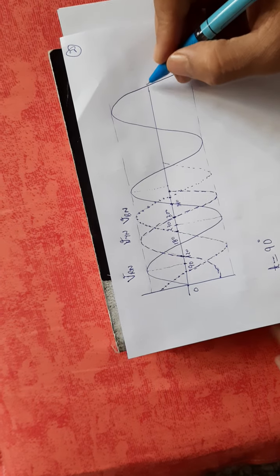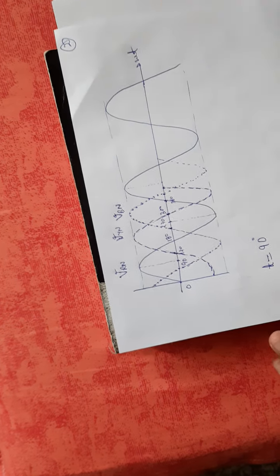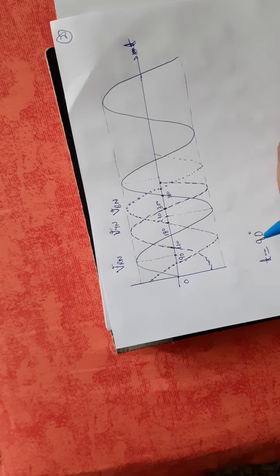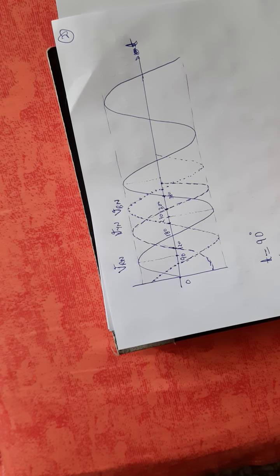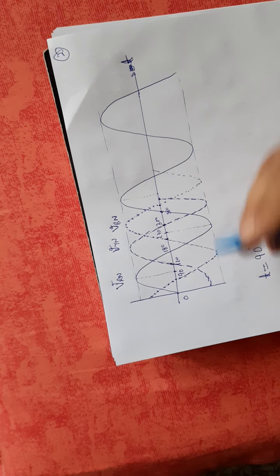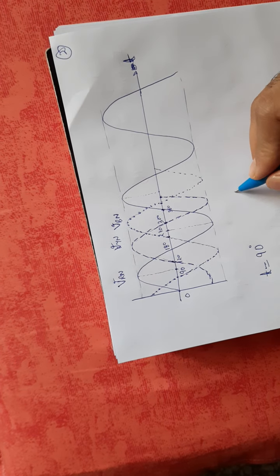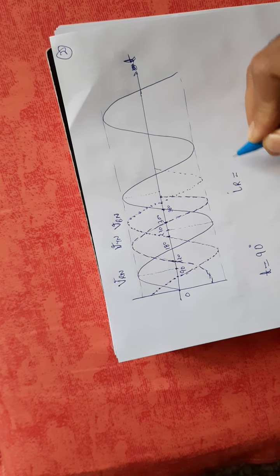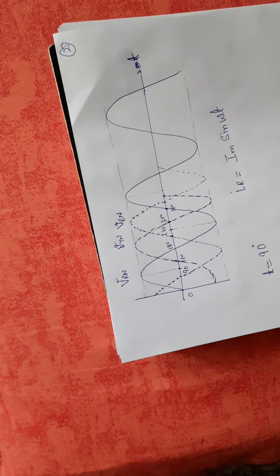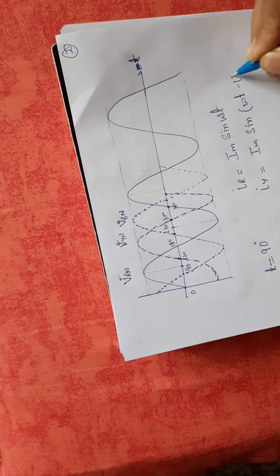This is omega t, with respect to time I am taking. So with respect to time I am saying when time was equal to 90 degree. Okay, so these are the voltage waveforms. Similarly I will have the current waveforms. I am saying if IR is given by Im sin omega t, Iy is given by Im sin omega t minus 120 degree.